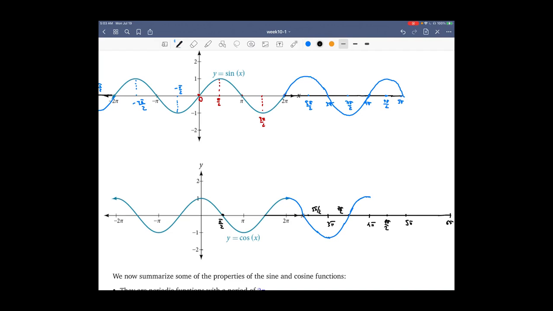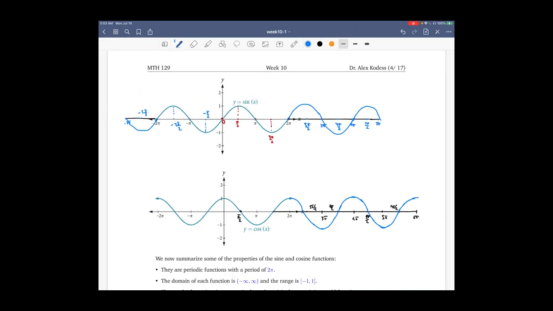At 5 pi, it will be -1. Then at 11 pi over 2, it will again be 0. At 6 pi, it will be 1. And so on.